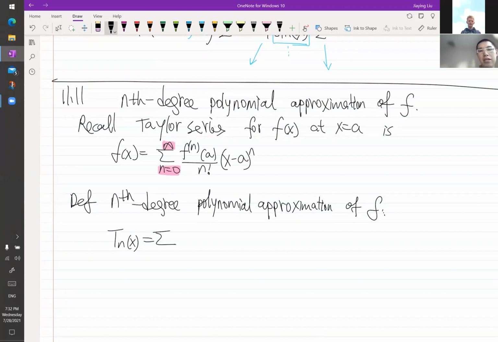Instead of using n here, we're going to use just i, but sigma i is the same thing as n. Since we already use n here, we cannot use it as the index for sigma. So that'll be i from 0, just like n equals 0, all the way to n.